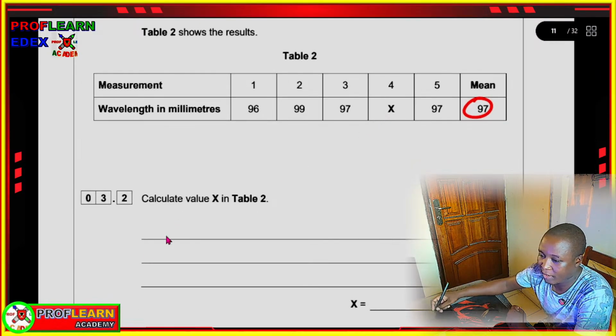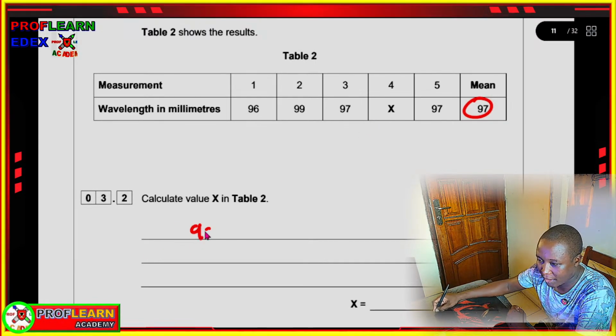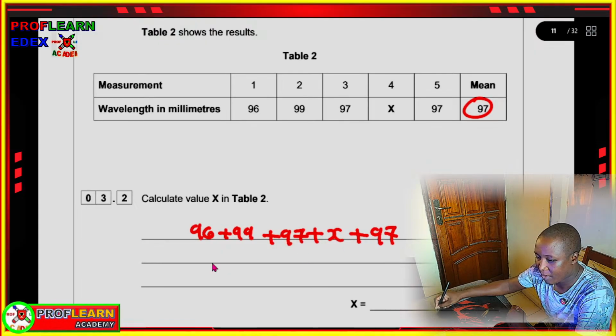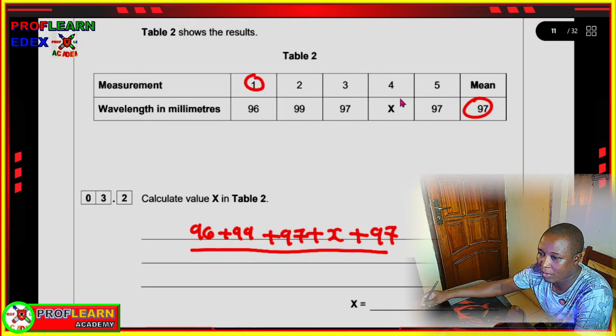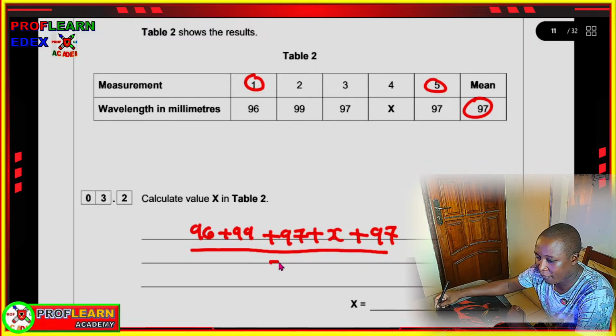In order to find the value of x, we say 96 plus 99 plus 97 plus x plus 97, then we divide everything by how many trials? There are 5 of them, and that gives us a mean of 97.